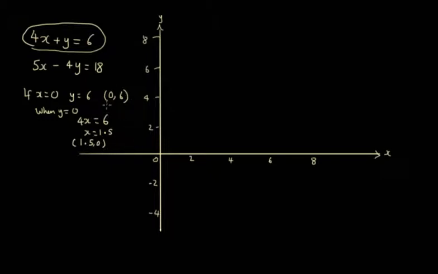So we're going to plot this point and this point. So x 0, and we're going to do 6. So that's up here. 1.5, so there's 1, so that's going to be about here.